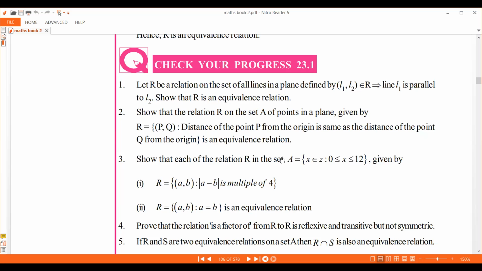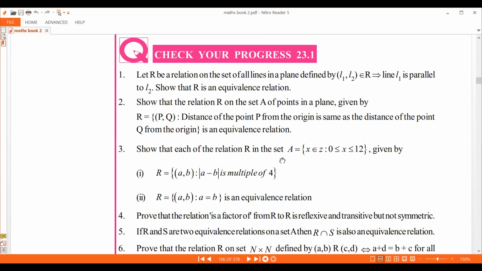Now let us solve the first problem. Let R be a relation on the set of all the lines in a plane defined by (L1, L2) belongs to R if line L1 is parallel to L2. So the same thing, we just solved this.